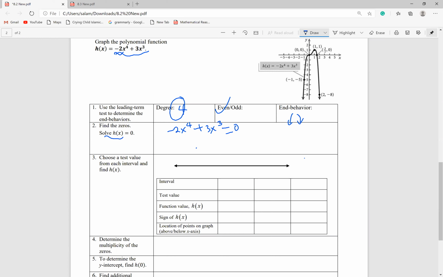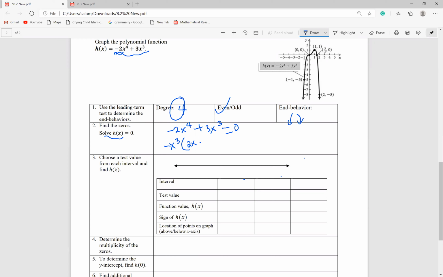So now we're going to bring out what is common, which is negative x to the 3rd power. When I bring out negative x to the 3rd power, I'll be left with 2x, such that when I multiply this, I'll get this. Negative x cubed times 2x will give us negative 2x to the 4th power.